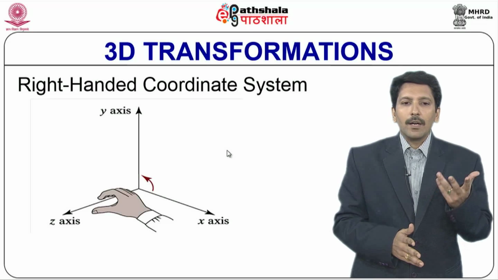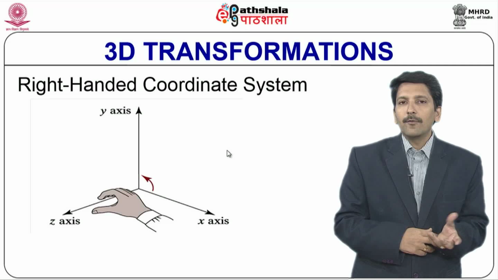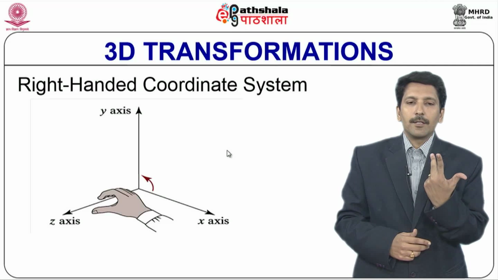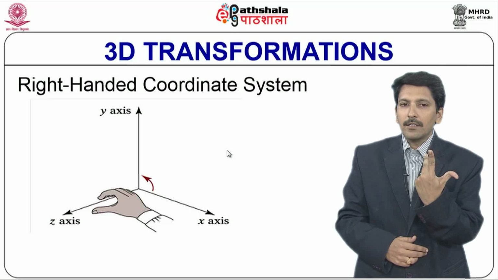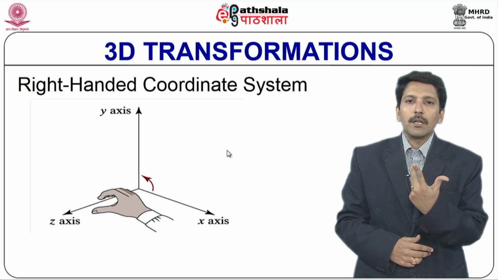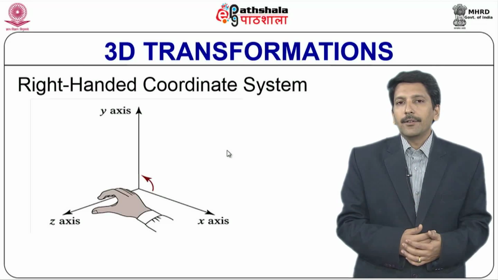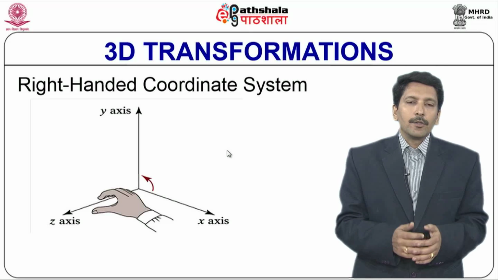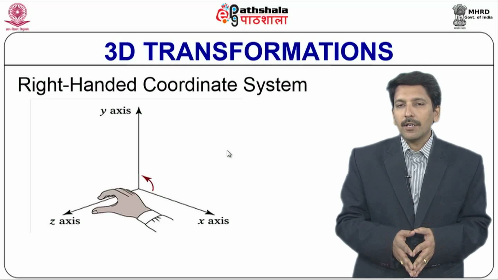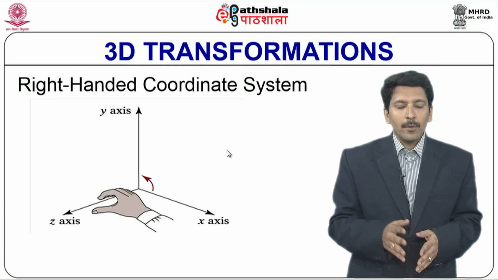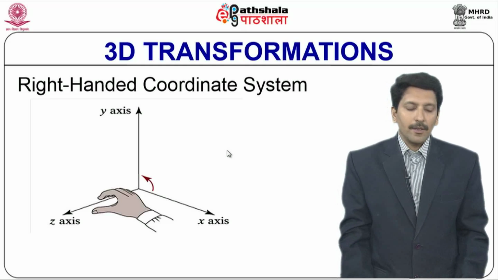If you take your left hand, you can formulate a similar coordinate system. But for our understanding, it is enough that we consider one convention, which is the right handed coordinate system. The difference here is that in 2D we do not need to consider such conventions, but in 3D we need to consider such important conventions.